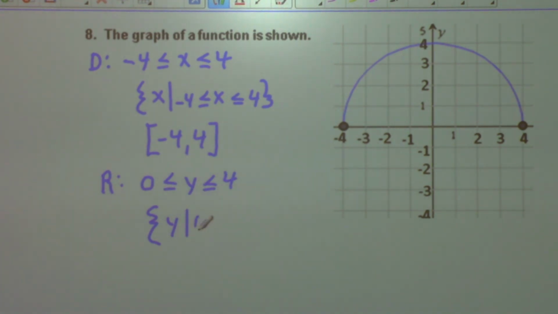Take this right here, so we'll put 0, and finally our interval notation, it's going to be just 0 to 4, right?